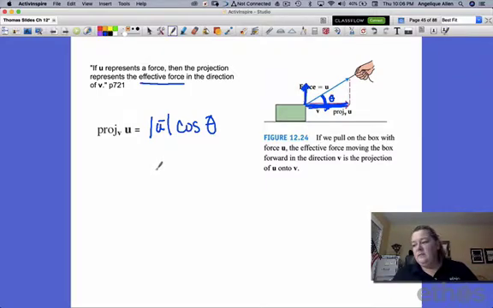And this right here is a scalar quantity. The length of U times the cosine of theta. We want to project it in the direction of V, or project it onto V. So we take a scalar quantity and we multiply it by V, but not straight up V. We have to do just the direction of V.